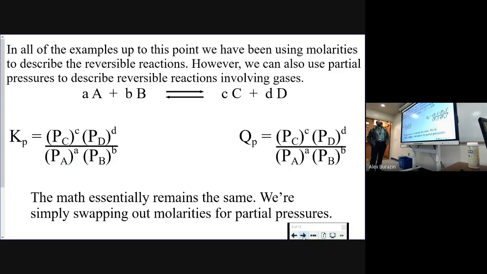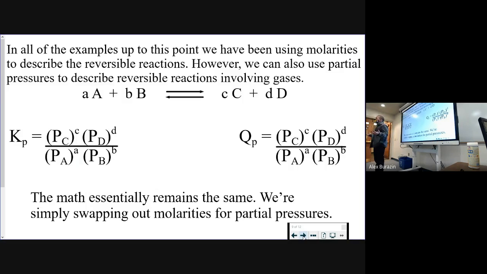However, we can also use partial pressures to describe reversible reactions using gas. The only difference here is instead of having brackets representing molarity, we have capital P with a subscript of the chemical name, which represents a partial pressure.